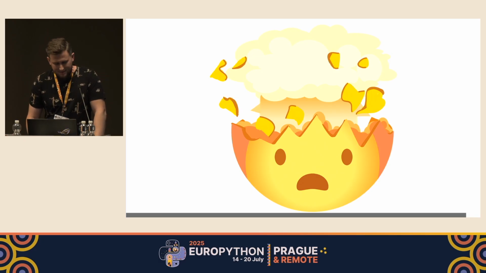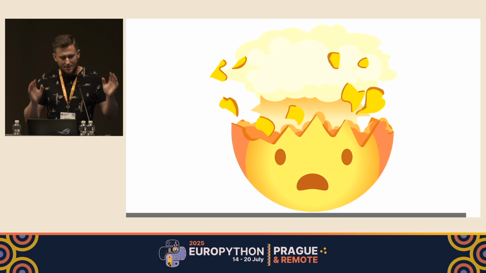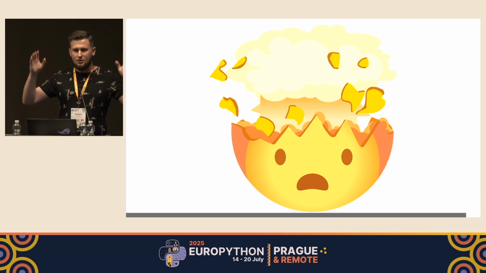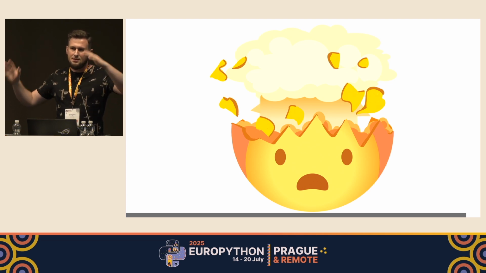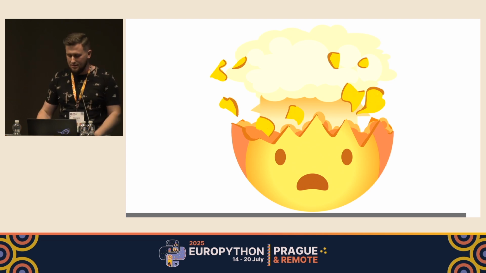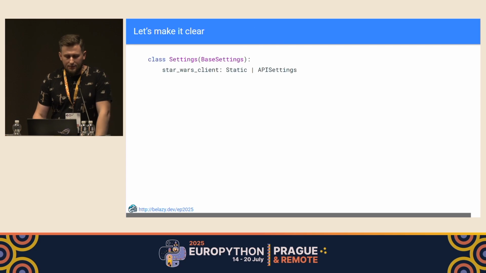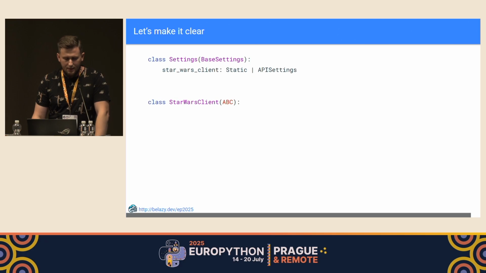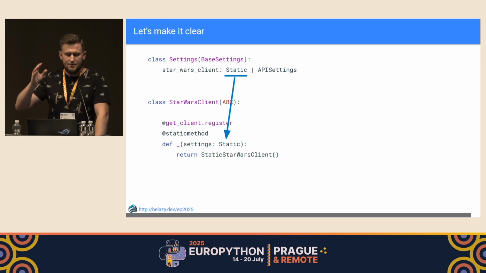Yeah, it is tough, right? So let's make it clear how this combination of settings and the static single dispatch method works. If we have our simplified version of settings without all the details, and we have the static type of our Star Wars client configuration, we will call this registered method that expects static configuration.